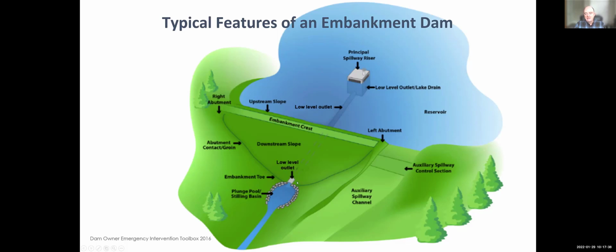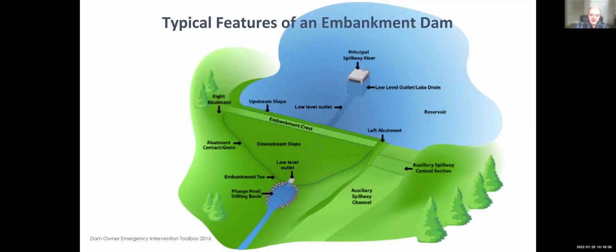Many of our dams will have a low-level outlet which we use to release water for irrigation or environmental needs. And many of our dams will also have a spillway. So you may have a combination of a spillway and a low-level outlet, and some dams even have a third spillway, like an emergency spillway. So these are various elements that are common in dams.